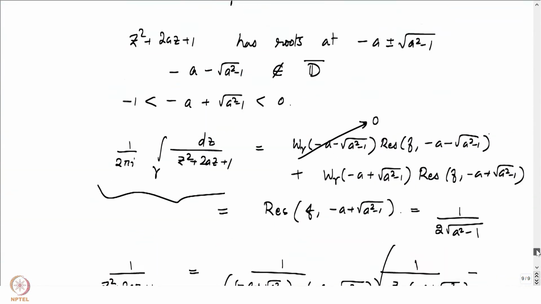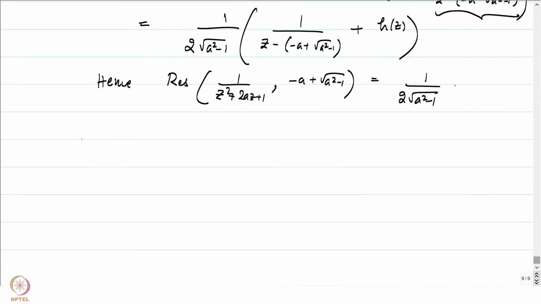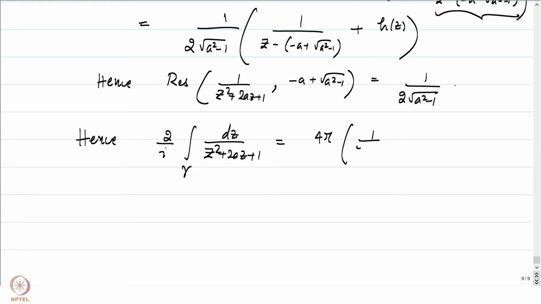But then what did we want to compute? We wanted to compute 2 by i times this. So hence 2 by i times the integral over gamma dz by z squared plus 2az plus 1 is equal to, well, we'll multiply by 2 pi i and divide it. This is going to be 1 by 2 pi i times the integral of dz by z squared plus 2az plus 1, which is now equal to 4 pi by this.